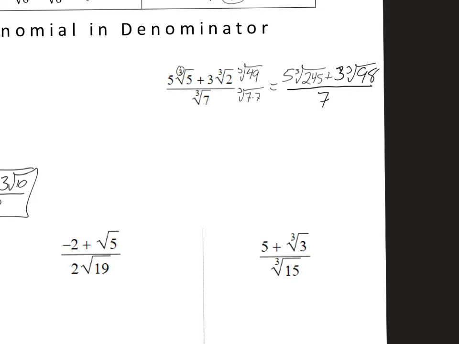Okay, so let me write that down one more time. We have 5 cube root of 245 plus 3 cube root of 98 all over 7.